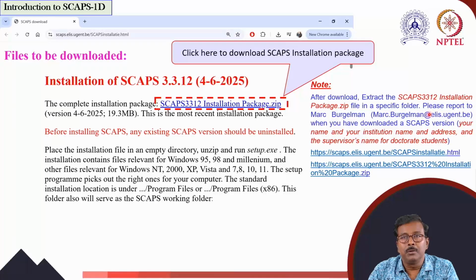Here again it is mentioned that please report to this mail ID when you have completed your download of any SCAPS version, with your name, your institution name and address, and in the case of a PhD student, you have to mention your supervisor's name also. These are the two links again: the first one is for the detailed manual, and the second one is for the installation setup.